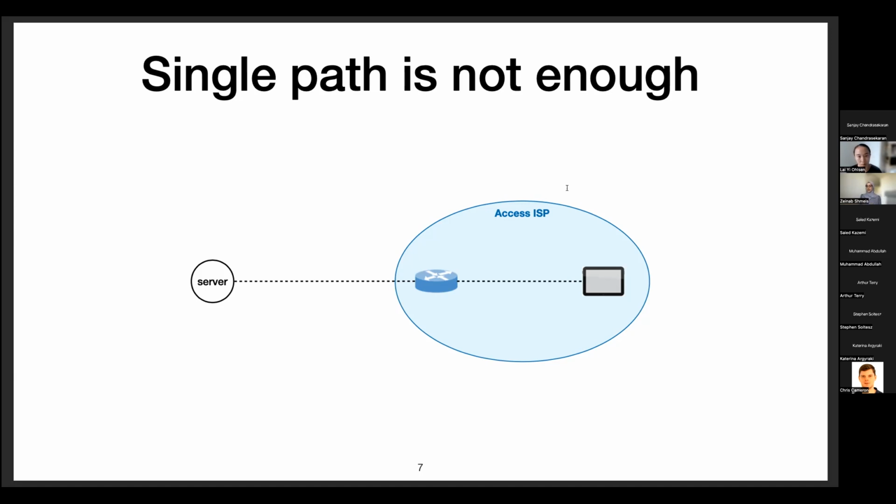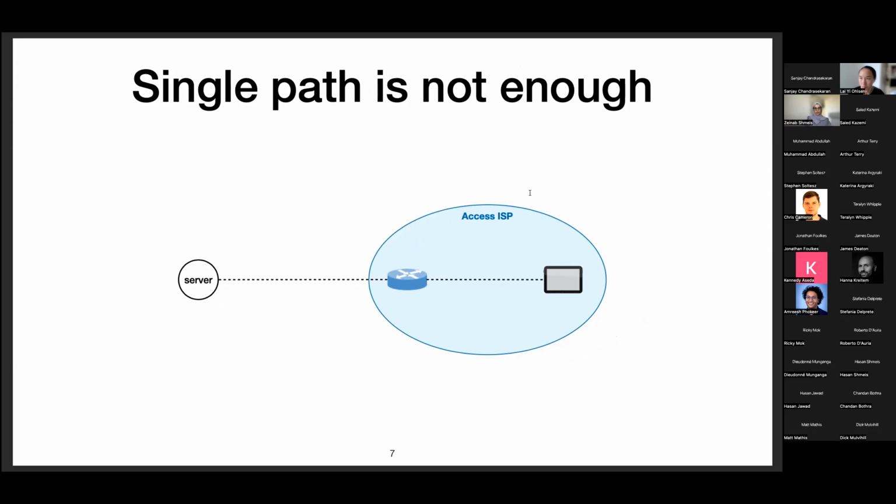But without enough evidence, such an accusation cannot hold, and the access ISP can still argue that the output of WIHI is due to some network performance condition that happens outside of their infrastructure, or they can try to justify that some other ISPs have the incentive to do this.